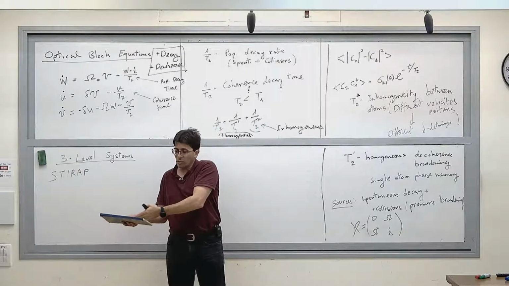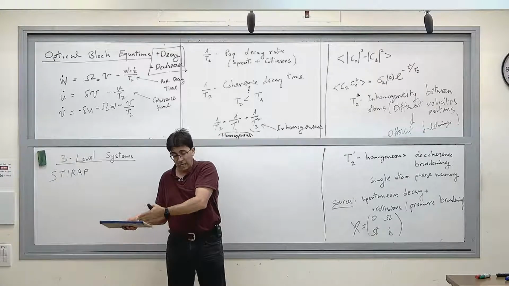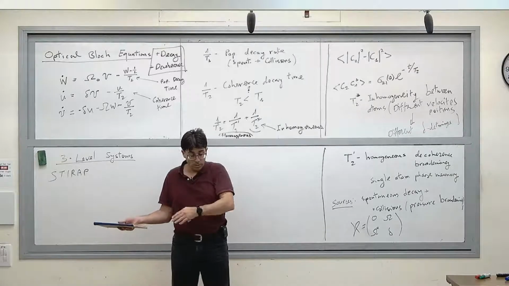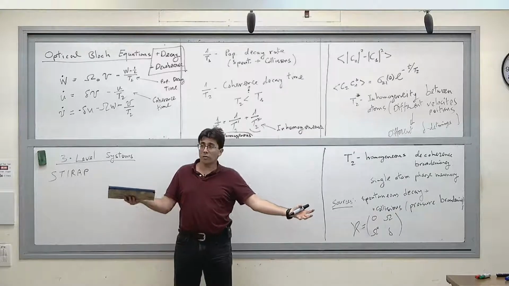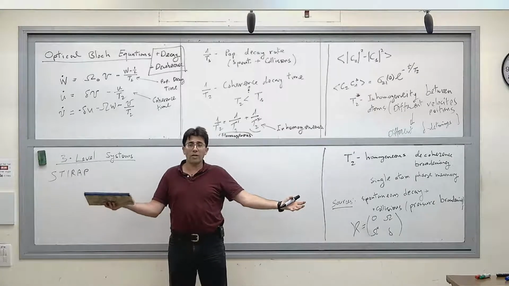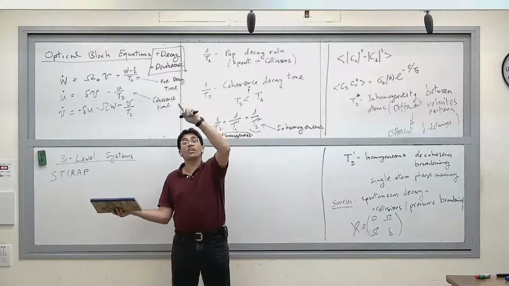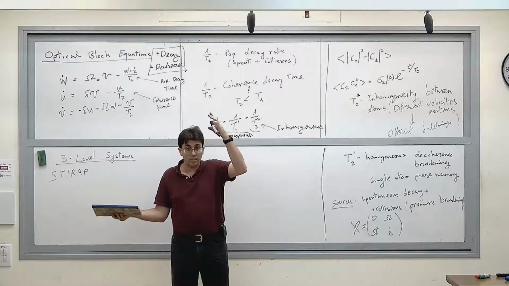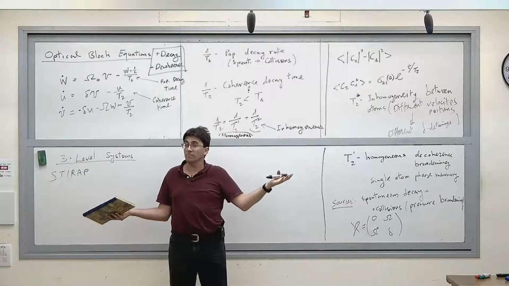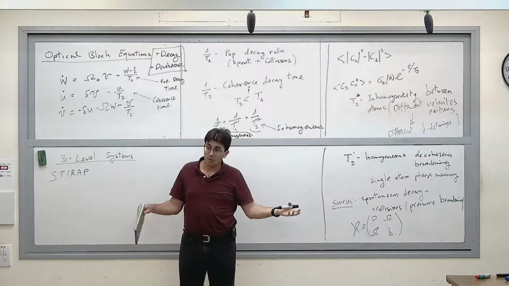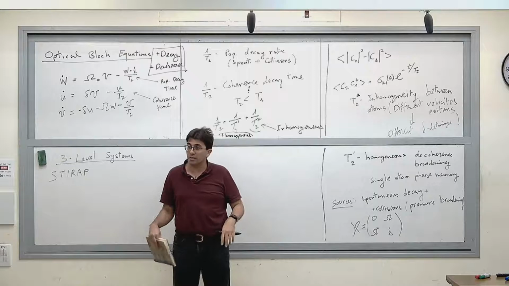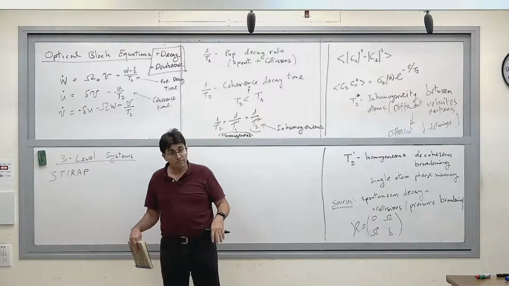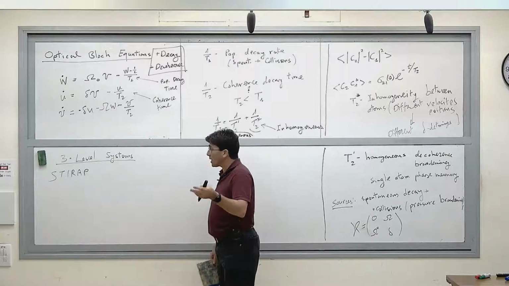With those two lasers on, I transfer population from the initial state into the final state, but if I look, does it ever visit the intermediate excited state? The answer is never. So how do I make a transition through an intermediate state without ever being there? That has to do with adiabatic passage.